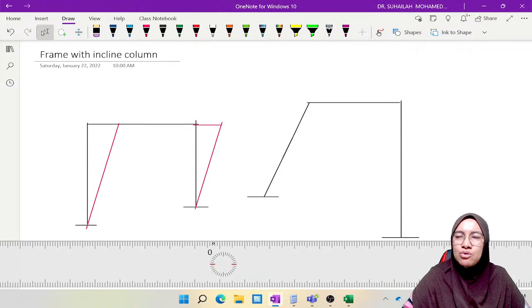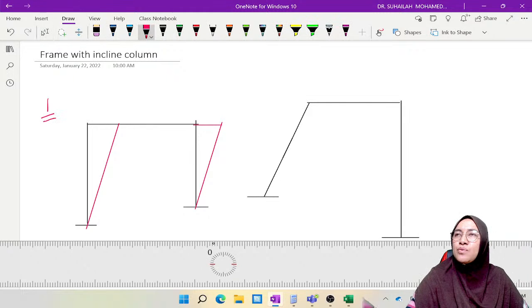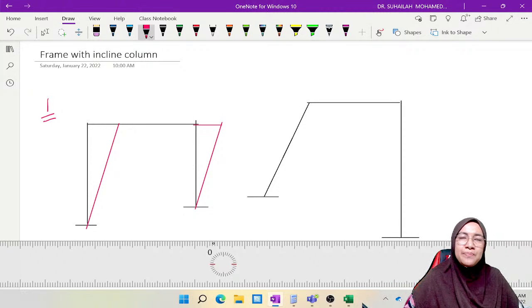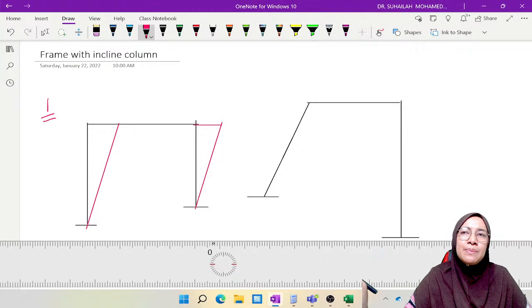The delta is 0. That is why when we analyze frame with side sway, there is no value for FEM for BC in the first one, the one that we analyzed just now. But what happened to the second one? The concept is we must focus on the column, find the delta which is perpendicular to the column, and the beam will follow.